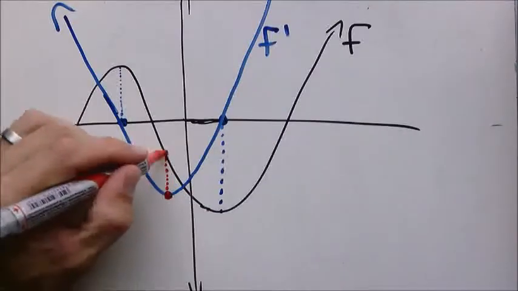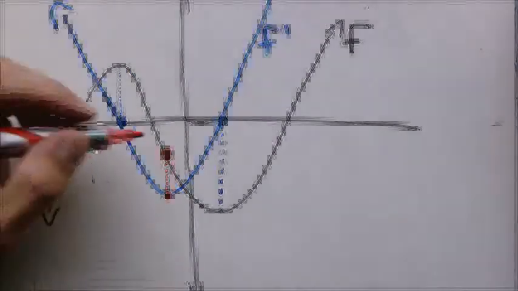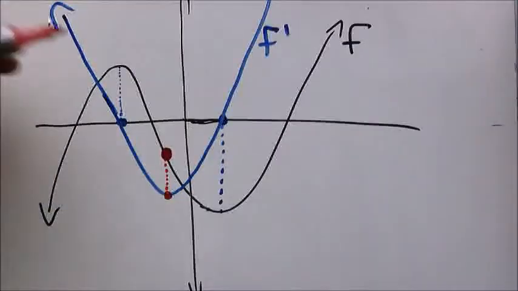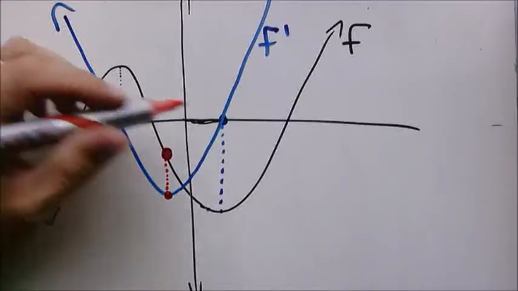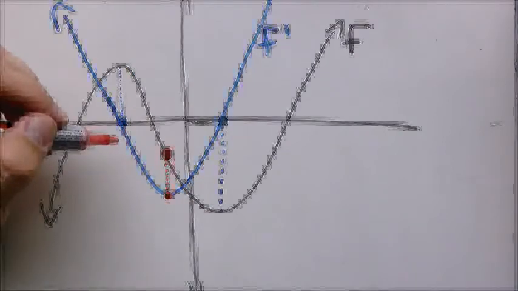This corresponds with the point of inflection. So if they give you the graph of the first derivative, you can get three things. You can get the x coordinate of the two turning points, right? And the x coordinate of the point of inflection.